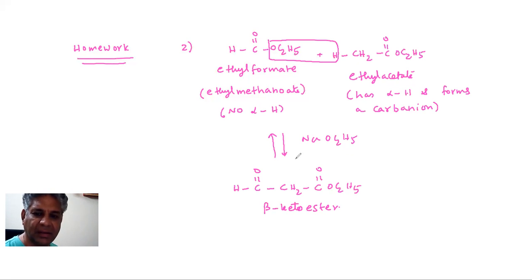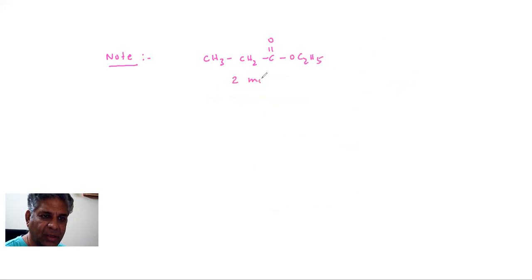Okay. Now here, and finally, so note. I'll just give you a note only. What is this note? See, let us suppose you have, see, this is your second mole of the ester. This is the second mole of any ester. And then here you have a carbon.